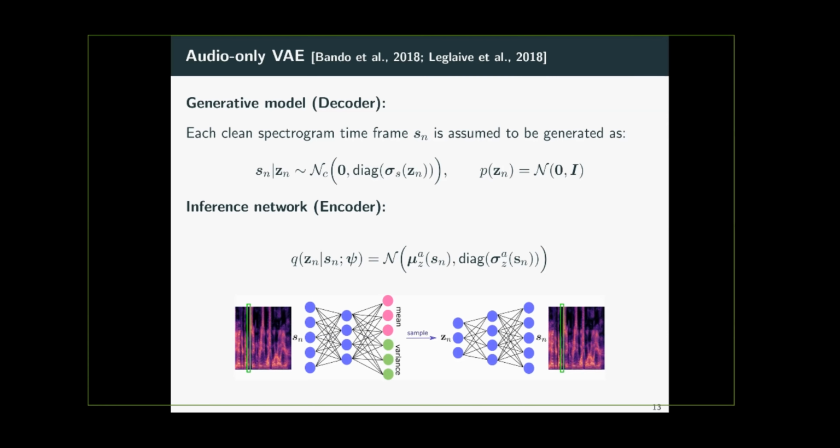Okay, this is a direct application of what we have seen just before. I have audio input here on the left, at the input of the encoder. This goes forward through the encoder, estimates the parameters, then I sample from the standard normal distribution. I obtain a Z. I go forward with that. I obtain an S. I compute the loss, and then I backpropagate the error. Okay, standard variational autoencoder that allows me to train an audio-only generative model that we can see here on the left.